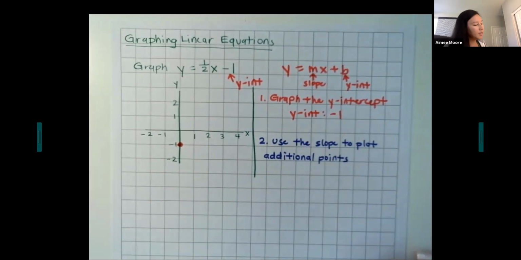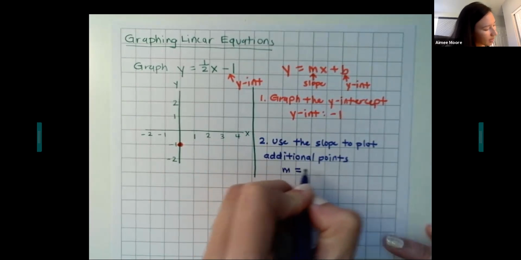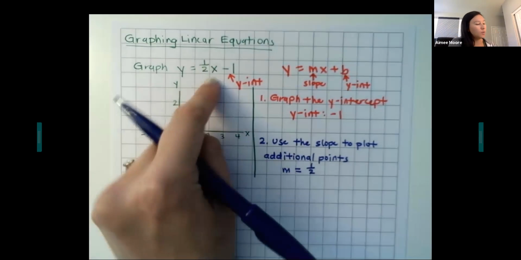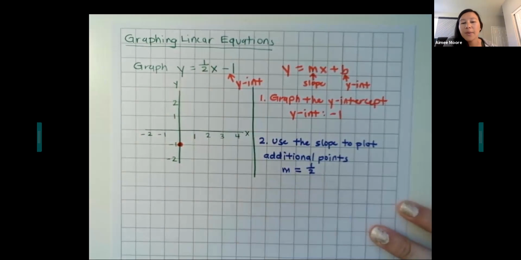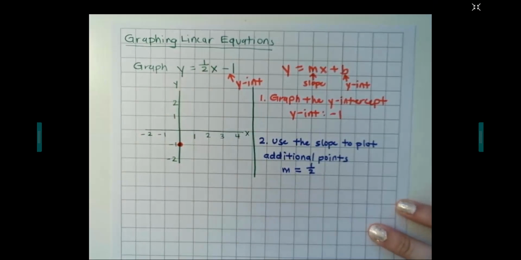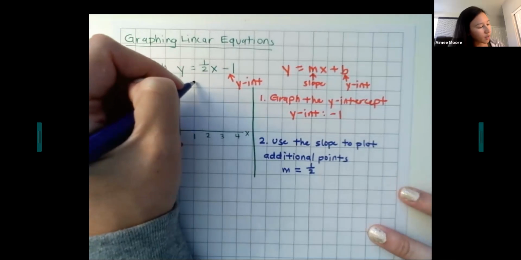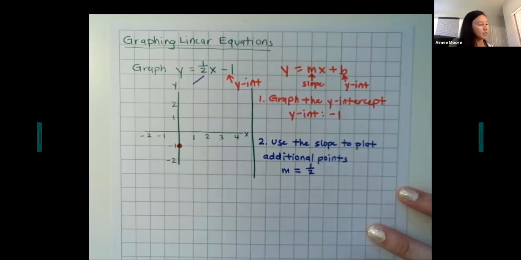Okay, so in this case, we said m is 1/2. So first, you want to picture what does 1/2 look like? Is my line going up or is it going down? Since it's positive, I want you to just draw a little sketch below it. Since it's a positive 1/2, your line's going up.